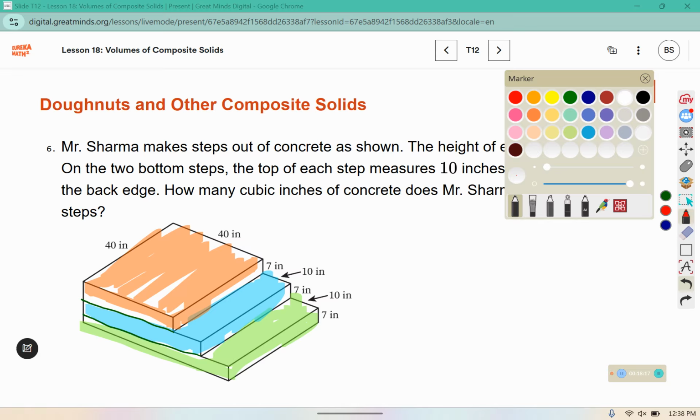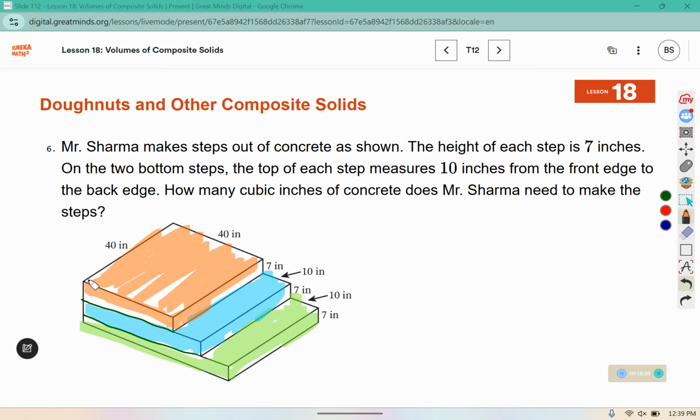Let's start with that orange layer. The orange layer has a base area that is 40 by 40 and a height of 7. The blue is 40 across the back, but this time instead of 40, it's now 40 plus an extra 10, so 50. 40 along the back, 50 along the side, and it is 7 tall.